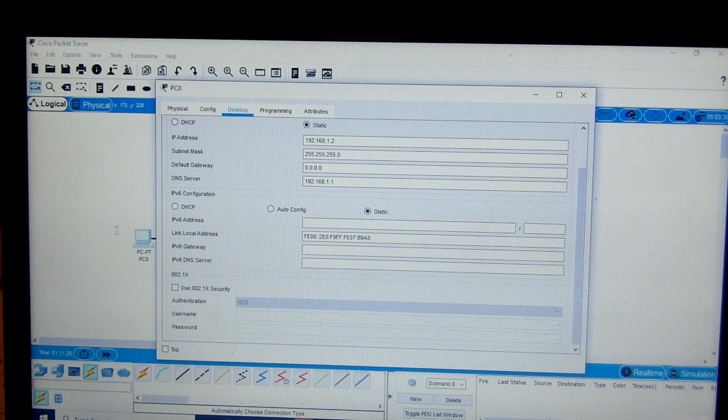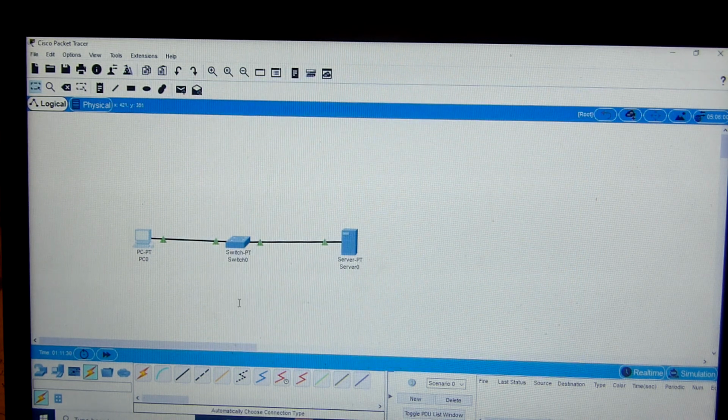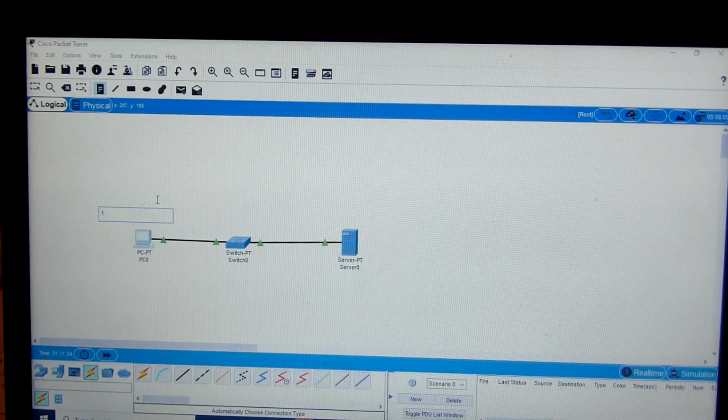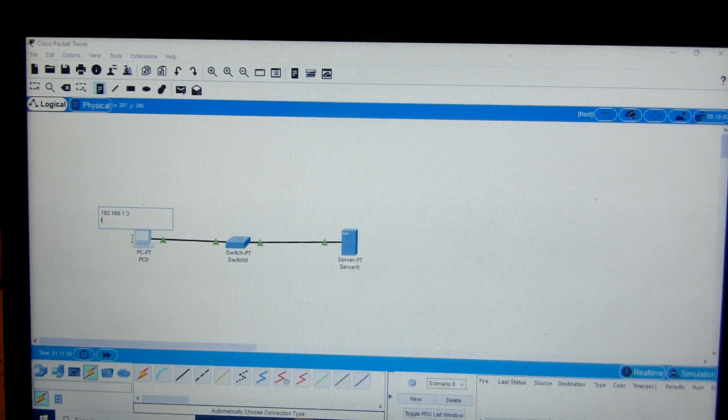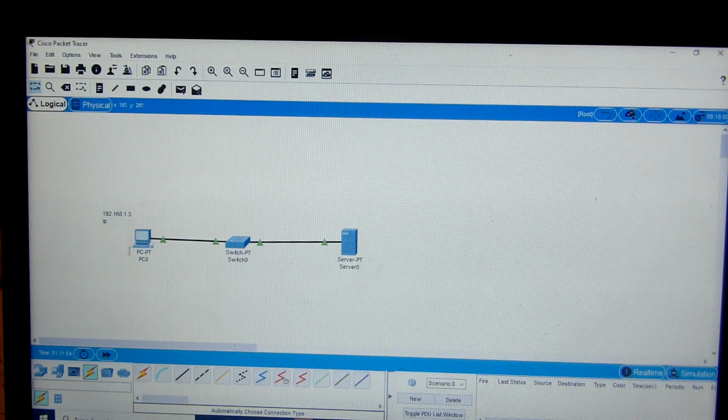So it was 192.168.1.3. This is the IP address, and there is a default gateway.